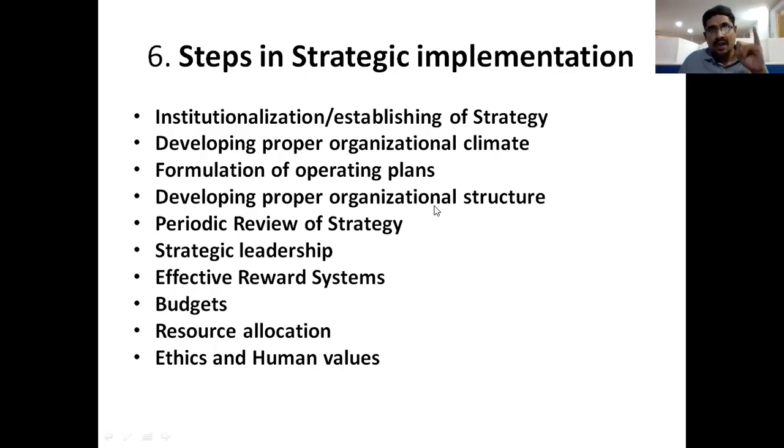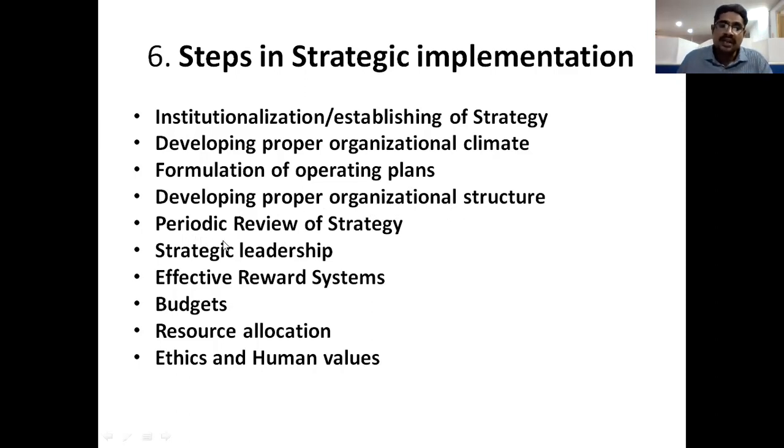So authorities and responsibilities, higher authorities and their subordinates, their duties: all this planning comes under organizational structure. It is another step in implementing our strategies. So prepare the proper organizational structure.